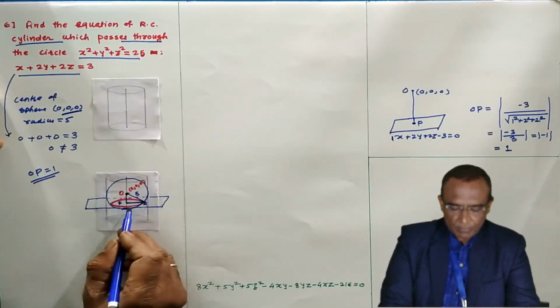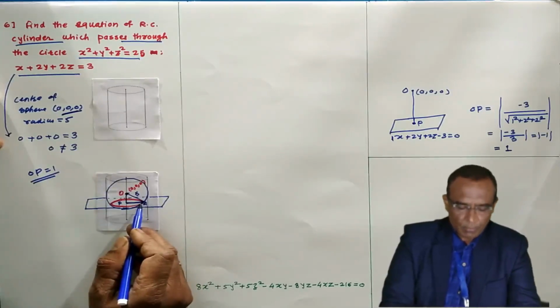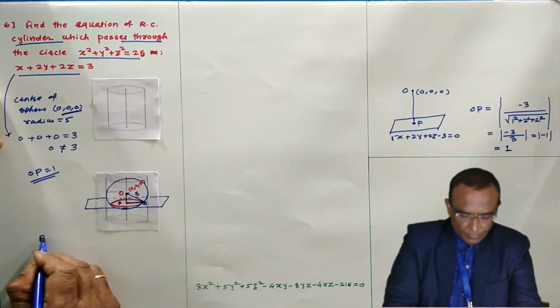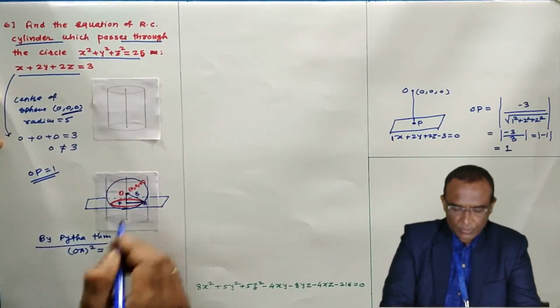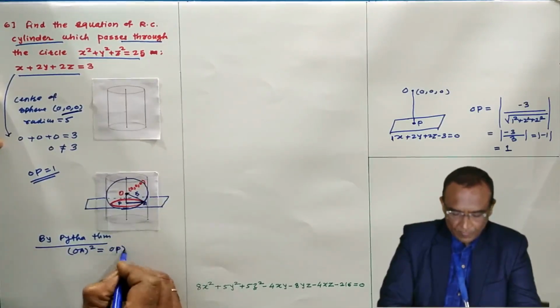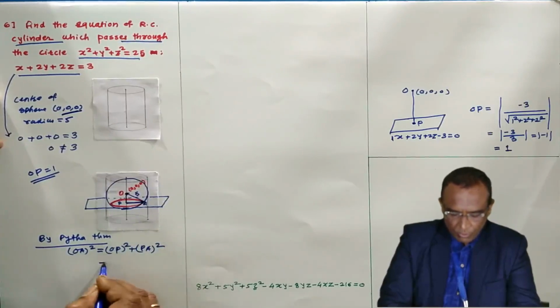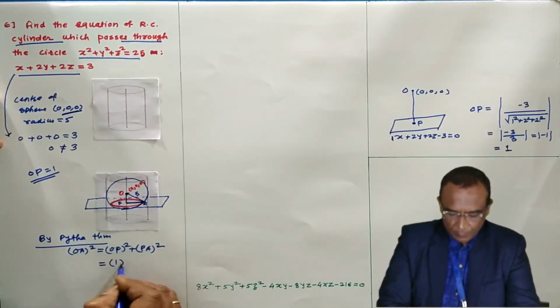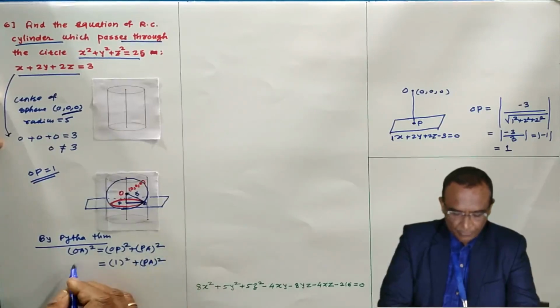Then by the Pythagoras theorem, you can find PA, which is the radius of the cylinder. By the Pythagoras theorem, OA square is equal to OP square plus PA square. PA I want, OP is 1. PA is required to be found because it is the radius of the right circular cylinder.